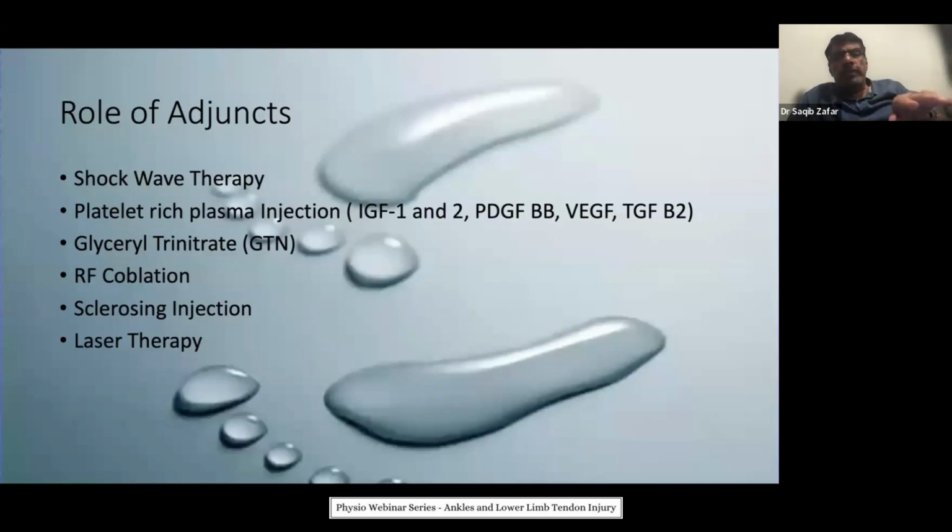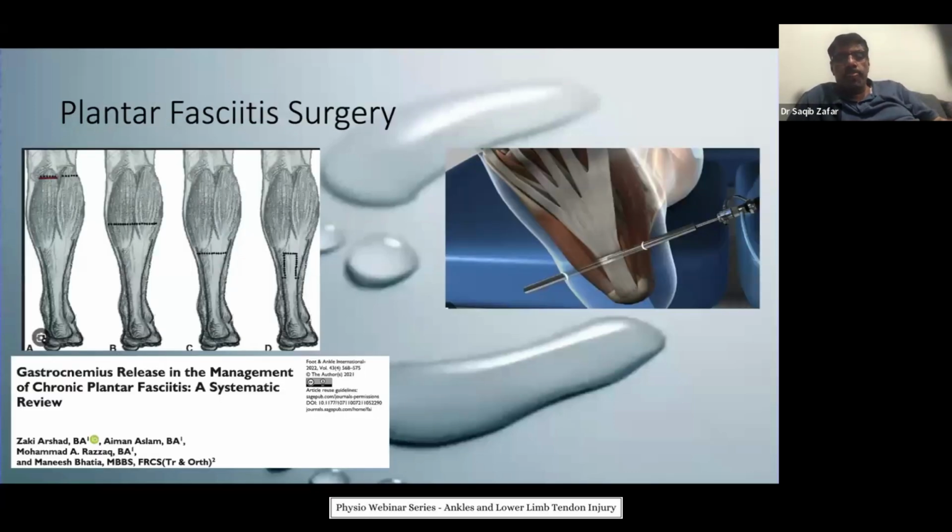Then 4 or 5 sessions for these, and then we need to monitor the response. Monitoring response is very important, as it shows whether a treatment is working or not. Platelet-rich plasma again has some role around there, but there are some people who have tried everything and it didn't work for them, and we have to go to the surgical option.